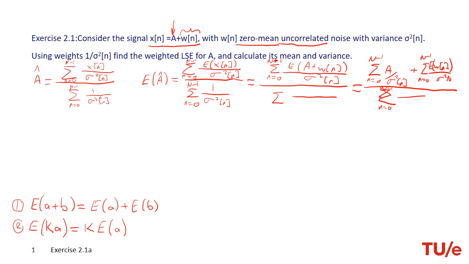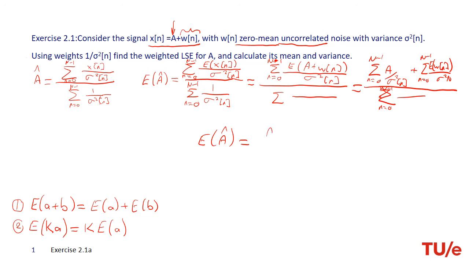So what happens here? We have the expected value for the noise sample. Remember, it's zero mean. The expected value for the noise is zero. It means the expected value of the estimate is actually, and consider this constant, A is independent of n. It comes right out of the summation term.